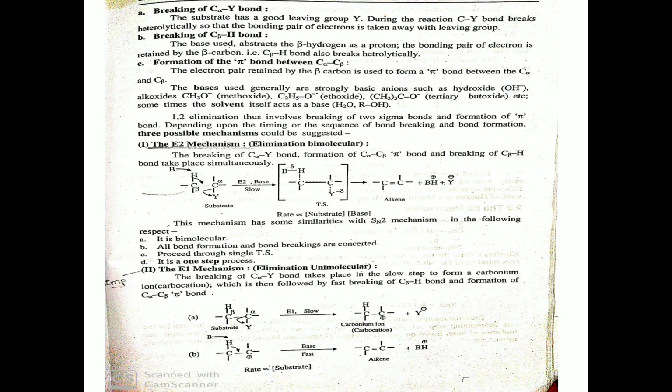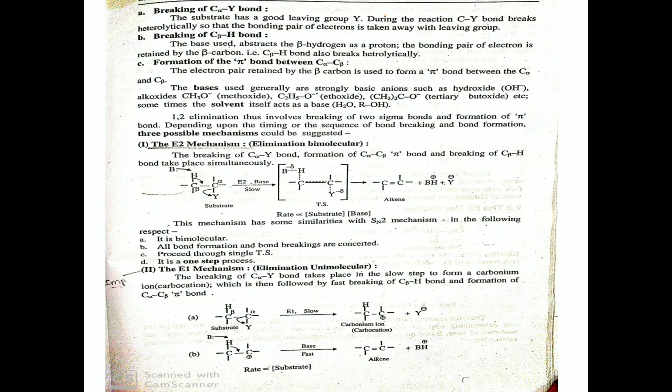The 1,2 elimination reactions which take place in a basic medium are characterized by the following. The base abstracts a proton from the substrate, then a carbon-carbon double bond is formed and Y, the leaving group, is easily removed, and then an alkene is formed as a product, plus the conjugate acid of the base and the leaving group as byproducts.